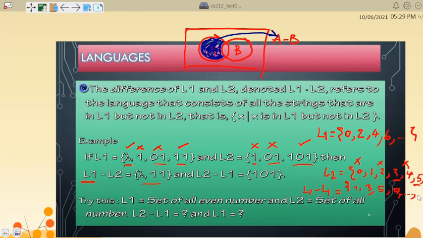So now we have a pattern here. L2 minus L1 is 1, 3, 5, 7, 9, 11. What that means is that this is the odd numbers.